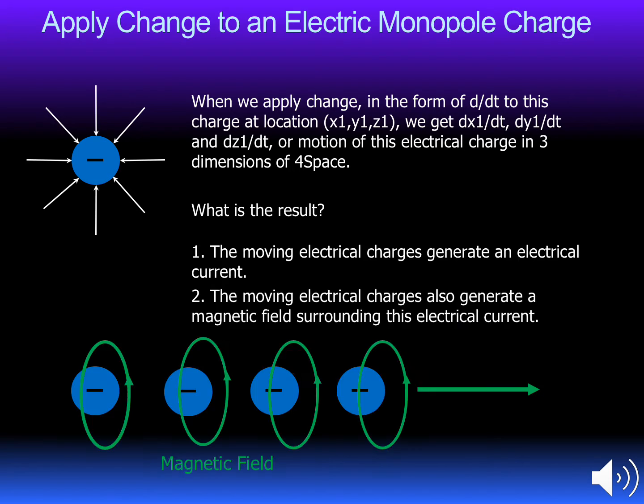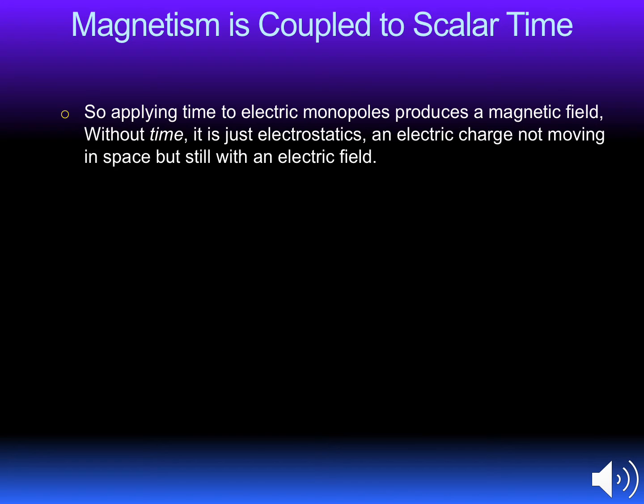So what are the results? Well, from the bottom, we can see that the moving electrical charges generate an electrical current. And the moving electrical charges also generate a magnetic field surrounding this electrical current. So applying time to electric monopoles produces a magnetic field.